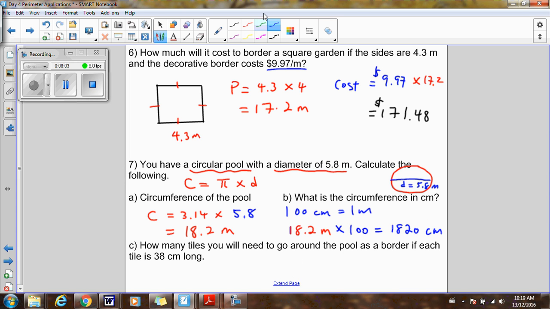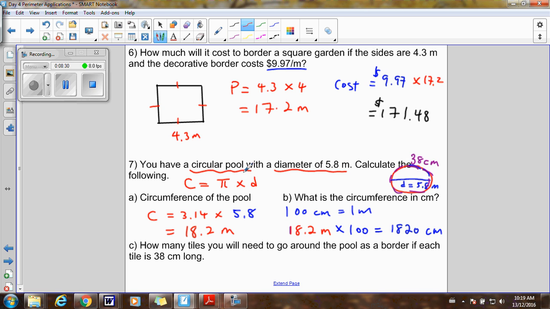Okay, and the last question asks us how many tiles will you need to go around the pool as a border if each tile is 30 centimeters long. So what they're saying is they're trying to cover this border here with little tiles. I'm going to draw one there like that. And each of these is 38 centimeters. Okay? And the question is how many of these does it need to go around to cover the whole circumference?